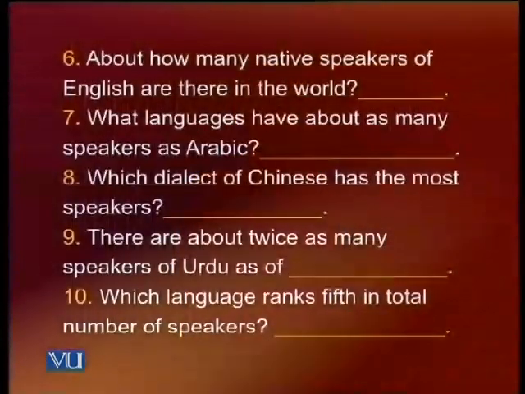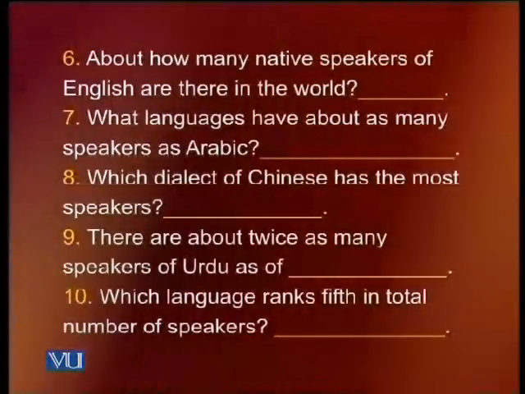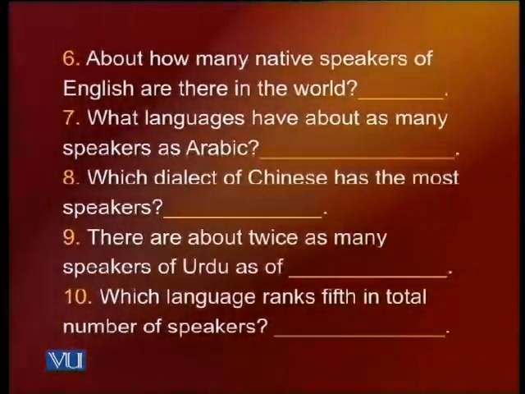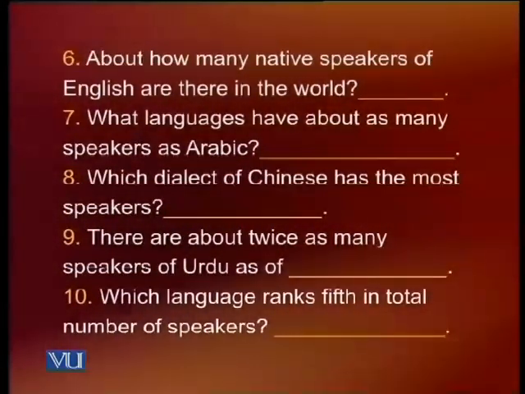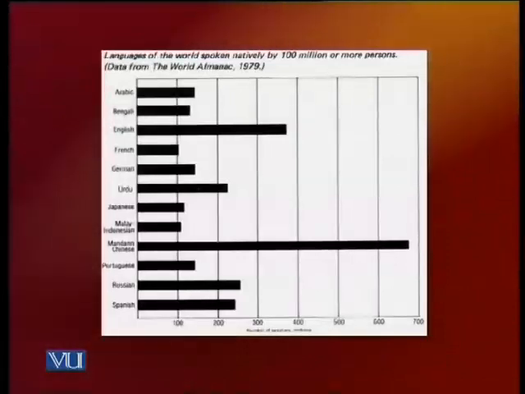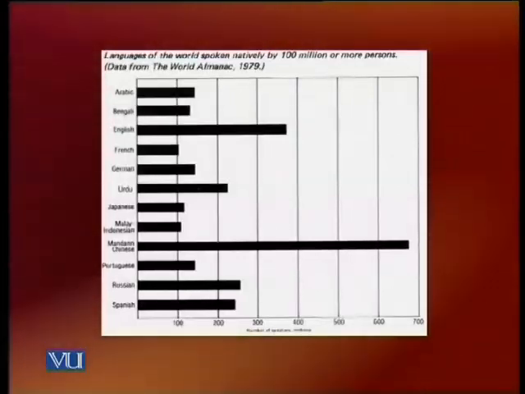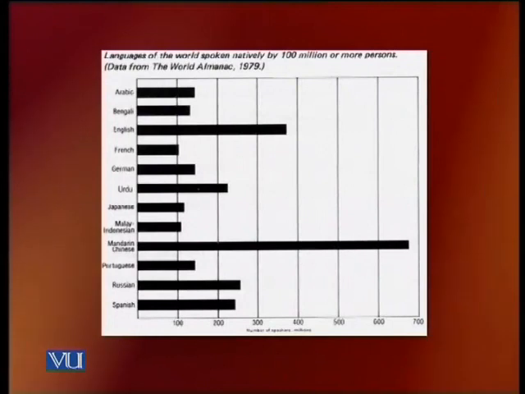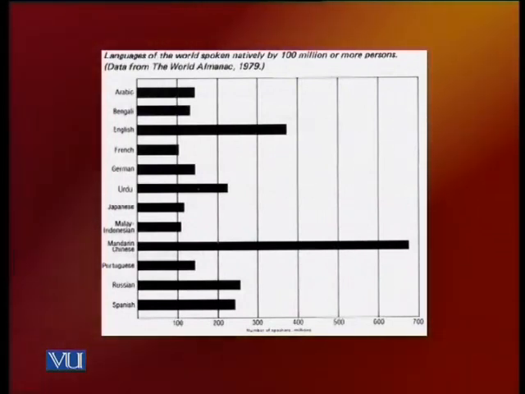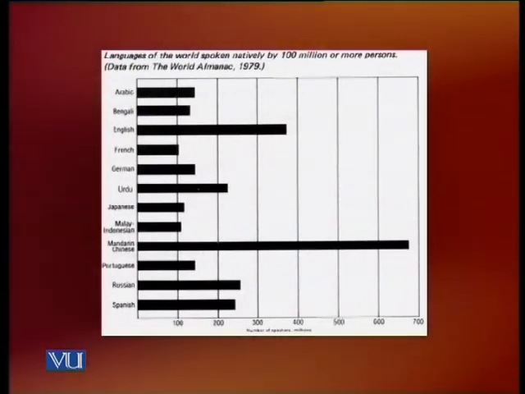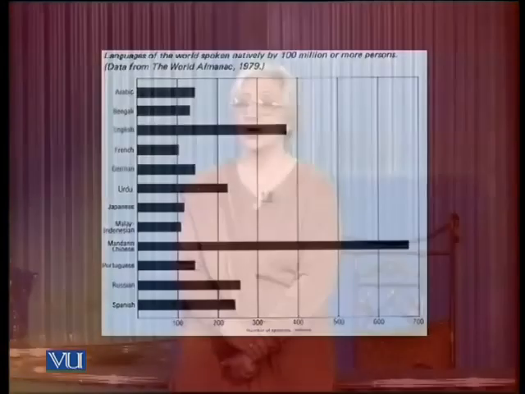Number 7. What languages have about as many speakers as Arabic? Very simple. Look at the bars. Which language has more or less the same number of speakers as Arabic?